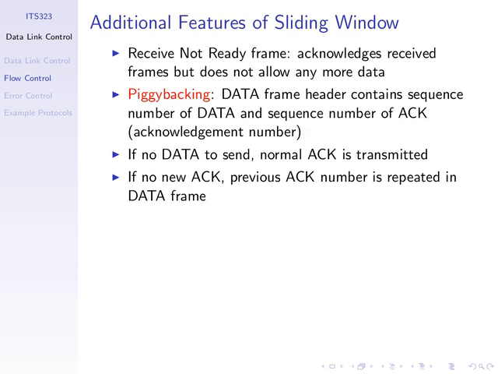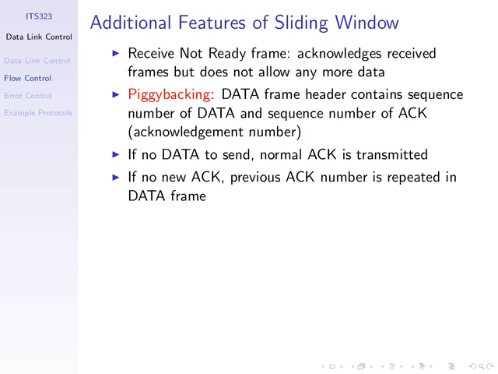So piggybacking is the concept that in some cases, if we're sending data in both directions, we can combine acknowledgements for data that we've received, with data that we want to send back, therefore reducing the overhead of the headers. And to do that, the header of our data frame includes a field for the sequence number as well as the acknowledgement number, making the header slightly larger, but meaning we don't have to send separate frames.